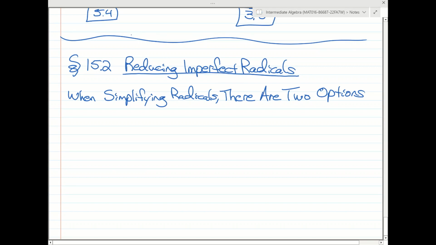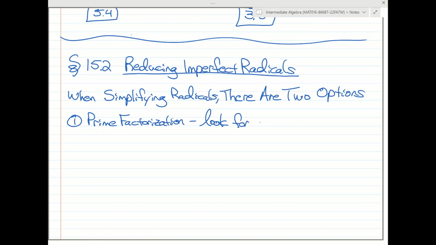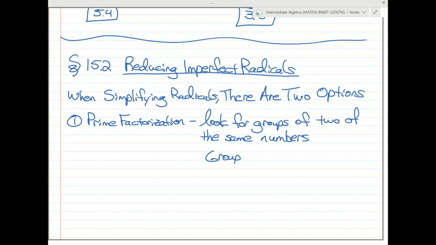First option is called prime factorization. And what we do here is we look for groups of two of the same numbers, and we write our group outside our radical, and we write whatever's left over on the inside.